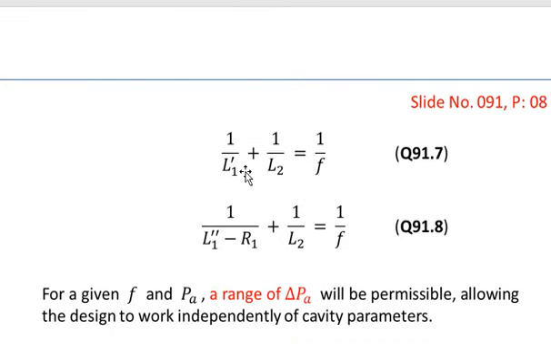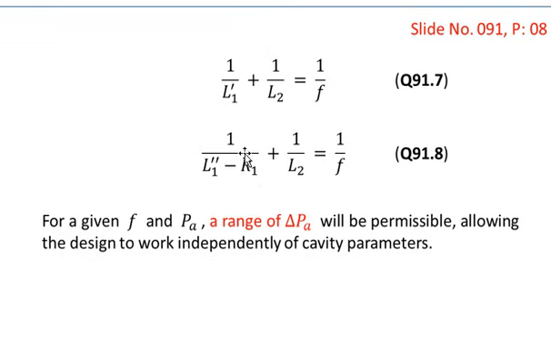So 1 over L1 prime plus 1 over L2 prime is equal to 1 over F. You see that this is very similar to the geometric lens equation, in which L1 prime represents the object distance and L2 prime represents the image distance, or vice versa. It means that the beam is being focused from L1 prime to L2 prime, so we have a focused beam on the two mirrors.